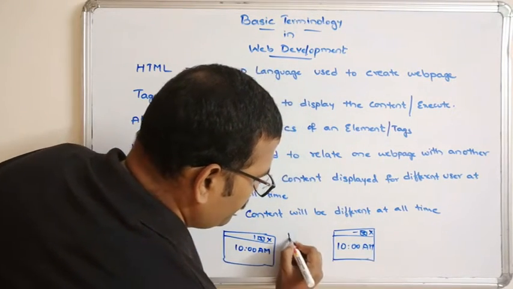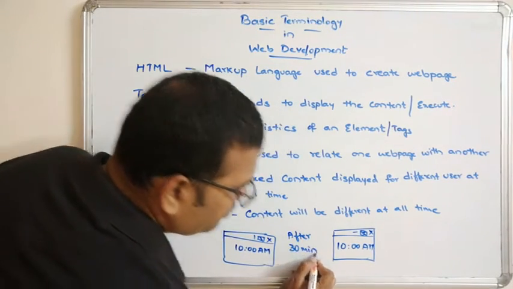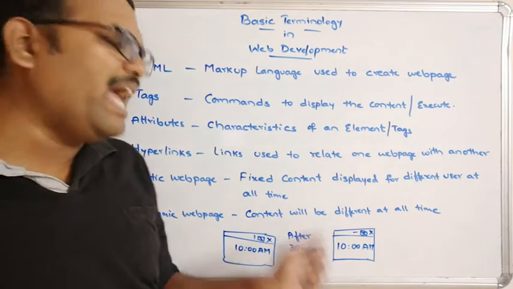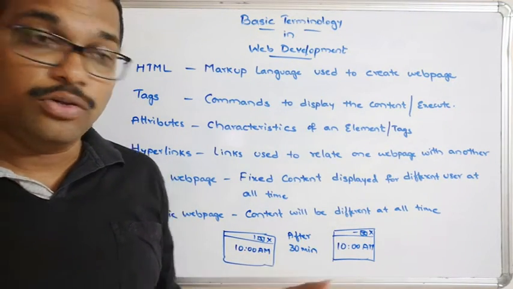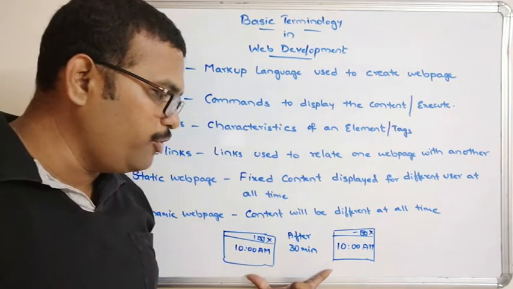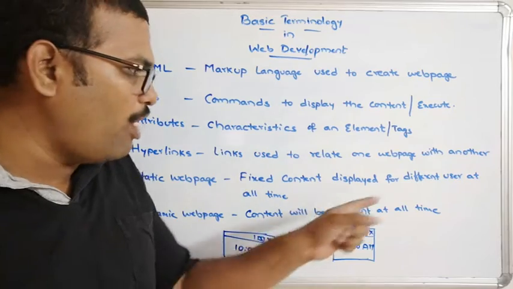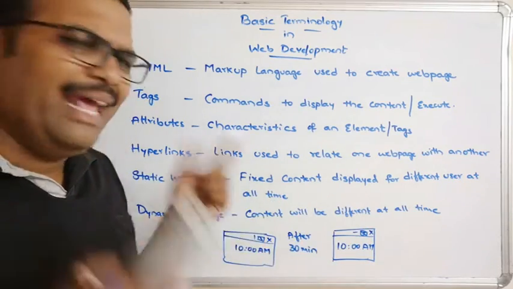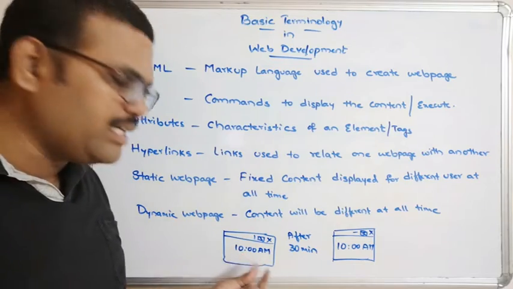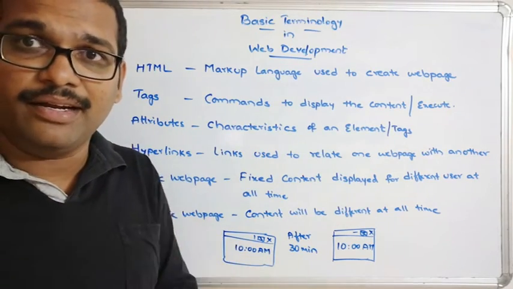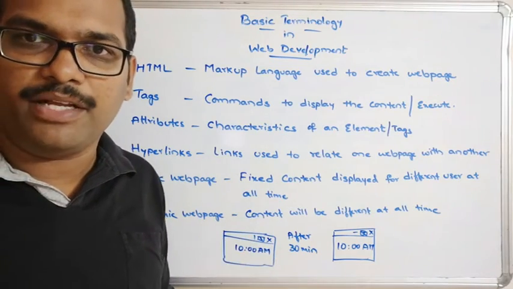After 30 minutes, if I execute again, it shows the time as 10 AM. So in this example you can observe that 10 AM is the fixed content at all times. At any time if you execute the code, you will get 10 AM itself. That means a fixed content, and such a type we call a static web page.